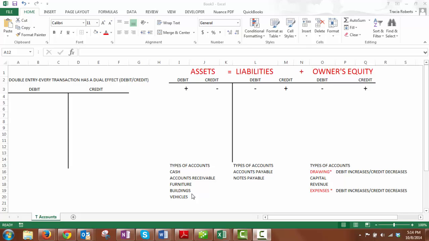Now, if you have a loan on that car, that loan is the liability to you. Okay? So liability means things that we owe, we have to eventually pay back. Accounts payable, notes payable. As well, under owner's equity, we have capital, revenue, drawing, and expenses.